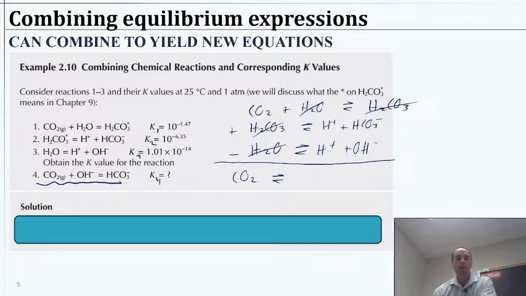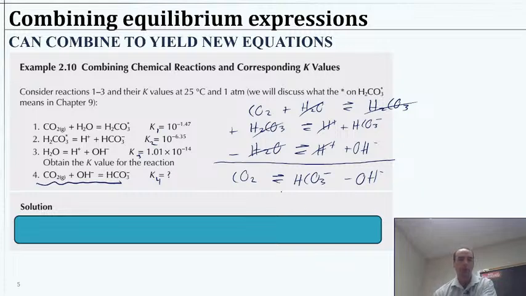So on the right side, it looks like I'm going to have H plus and then minus an H plus. Those will cancel. And then I'll have an HCO3 and then a negative OH. Okay, so what I ended up with here was HCO3 minus and then minus an OH minus, which is weird.